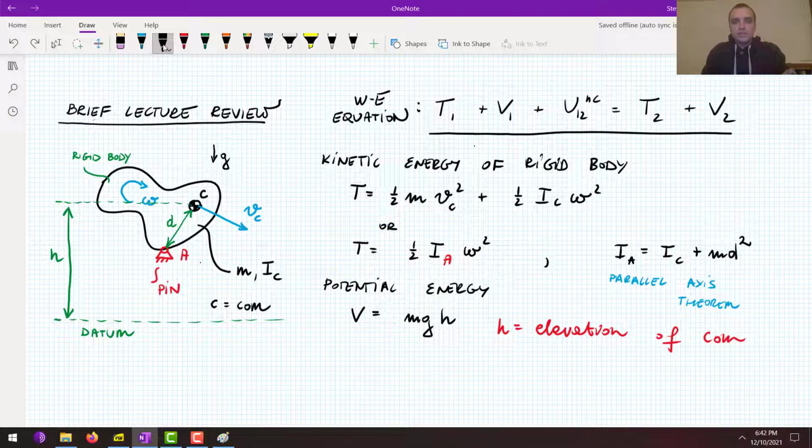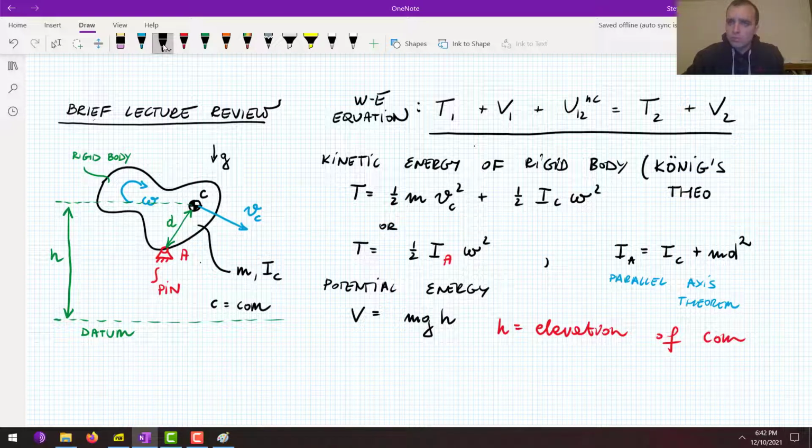In the United States, this expression is called kinetic energy for rigid bodies. However, in some countries this expression is called Koenig's theorem. I might be using these expressions interchangeably.